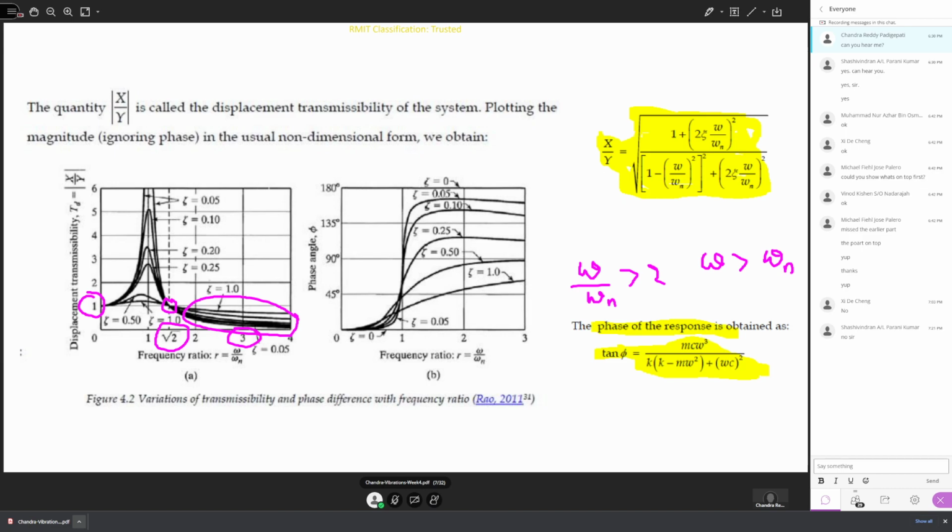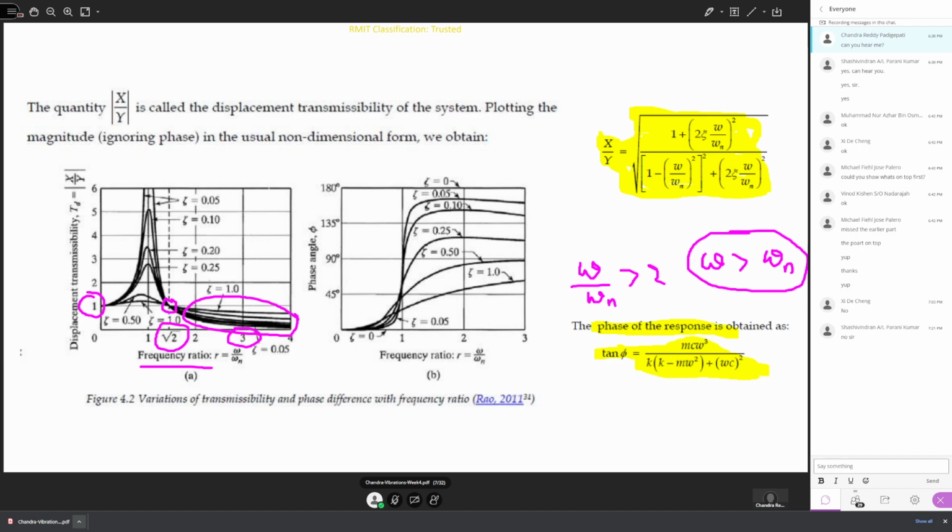So the amplitude ratio depends on this frequency ratio r. If you want to minimize the displacement transmissibility, you need to make sure that the external frequency is much greater than the natural frequency, irrespective of the damping ratios.